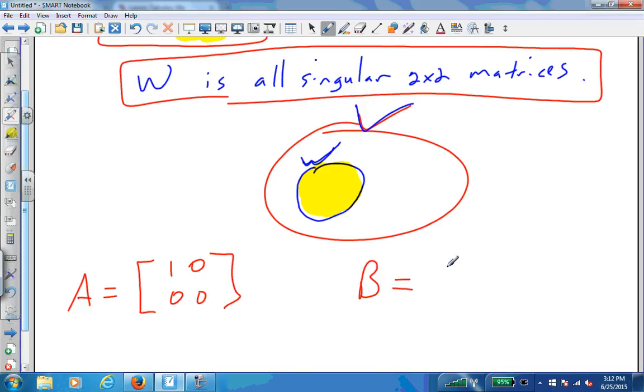Let's look at B, and we can pick lots of different ones. For example, this is singular. Notice the determinant of that is 0.